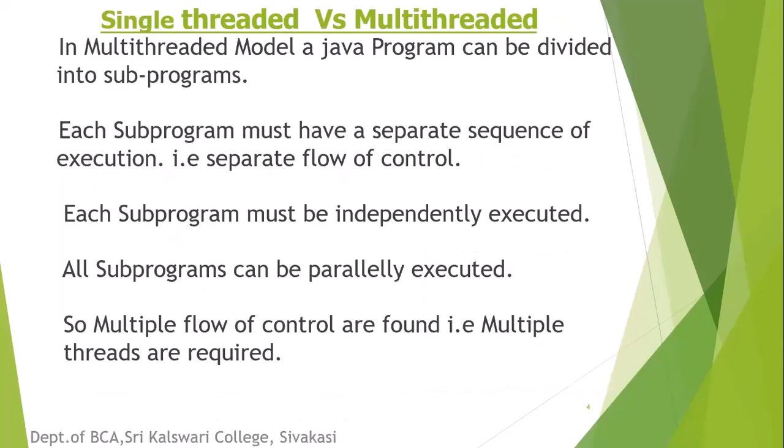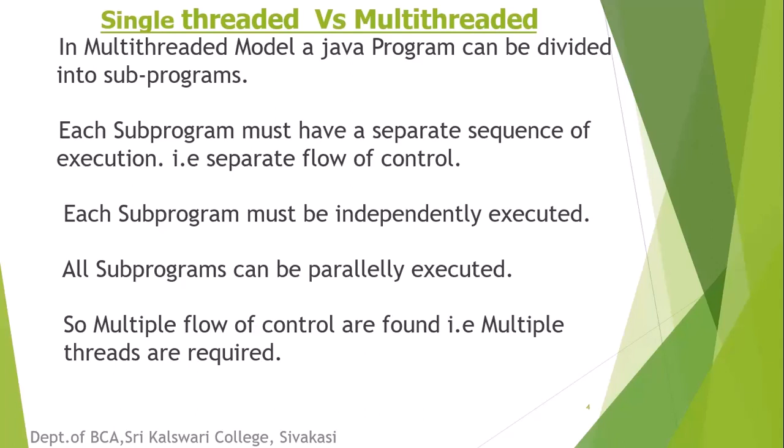In the case of the multi-threaded model, a Java program can be divided into subprograms. Each subprogram must have a separate sequence of execution. So you take the main program and divide it into subprogram 1, subprogram 2, and subprogram 3, like that.